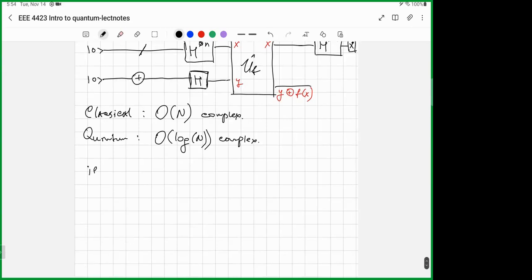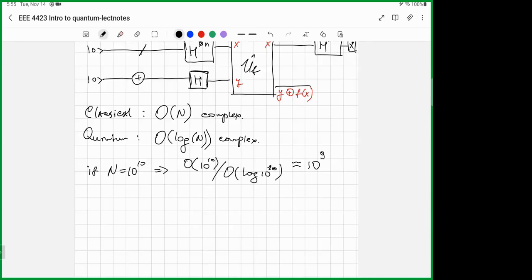But in contrast, if we have a number of different states of 10 to the power of 10, for example, the ratio of these two complexities, the 10 to the power of 10 here and logarithmic 10 to the power of 10 here, gives us a factor of 10 to the power of 9, right?